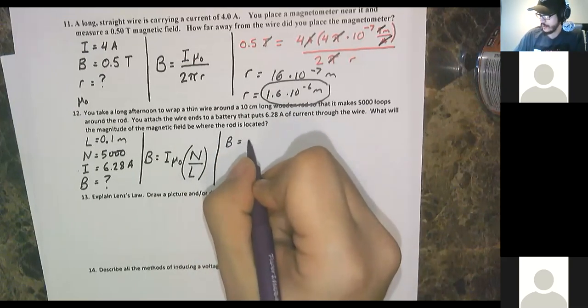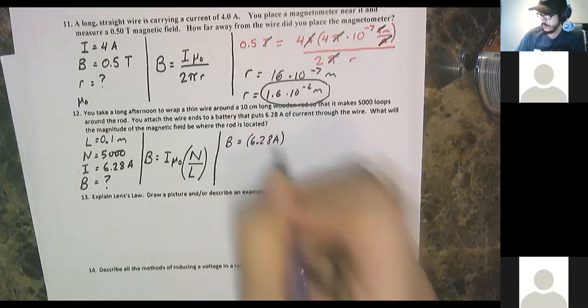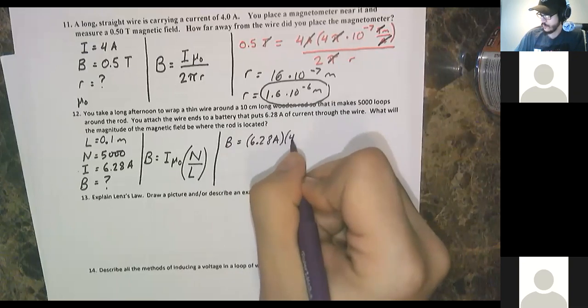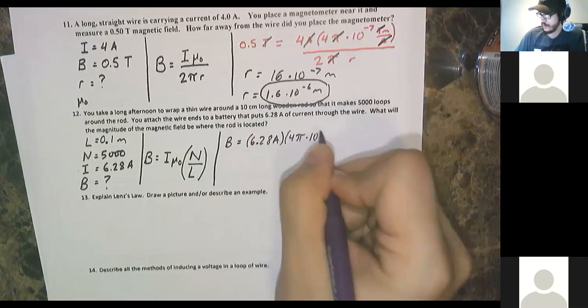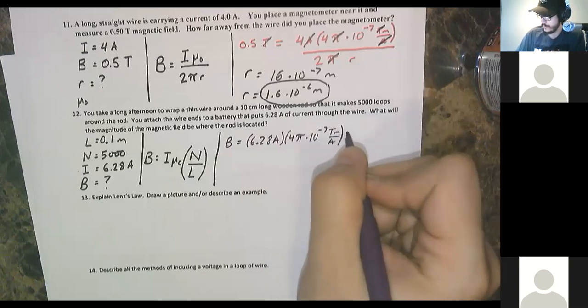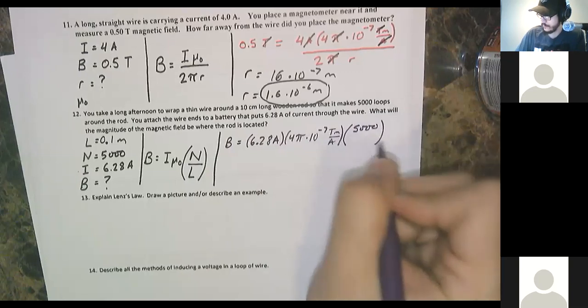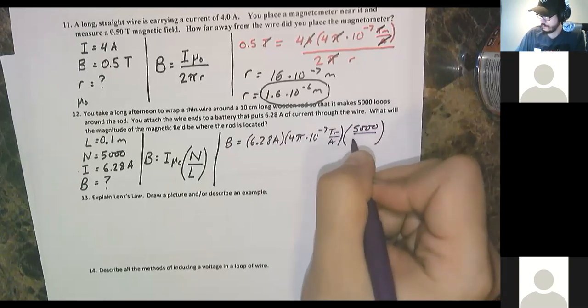So this is going to be kind of easy. 6.28 amps times 4 pi times 10 to the negative 7 Tesla meters per amp times 5,000 divided by 0.1 meters.